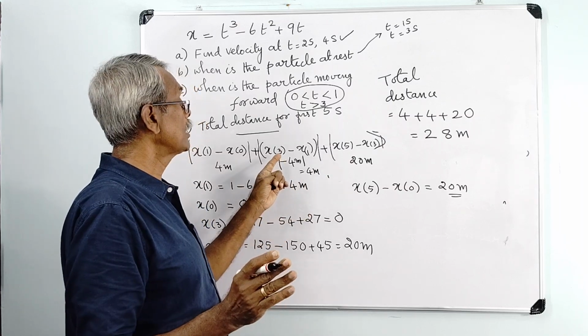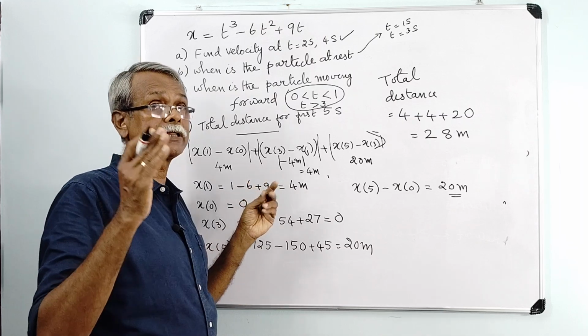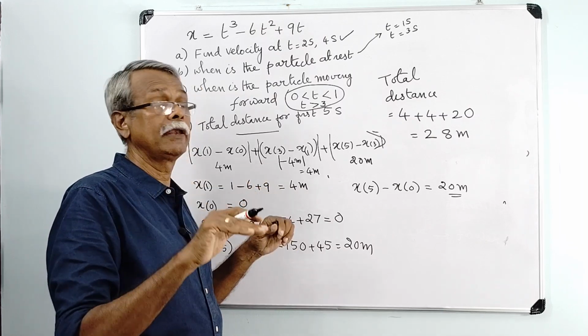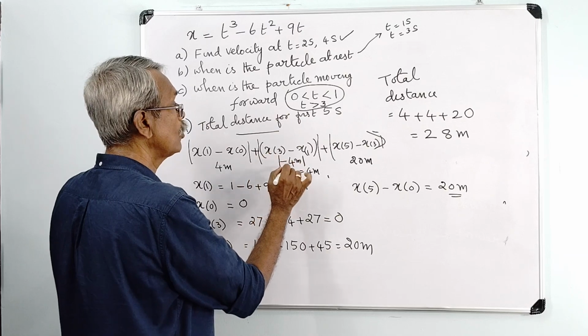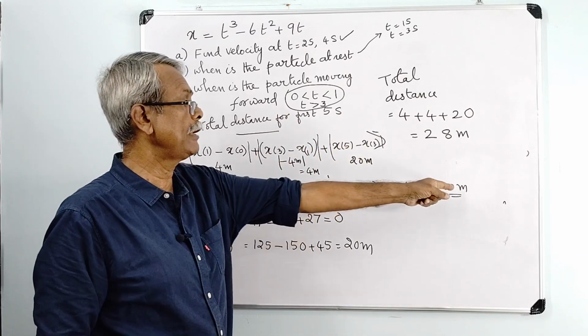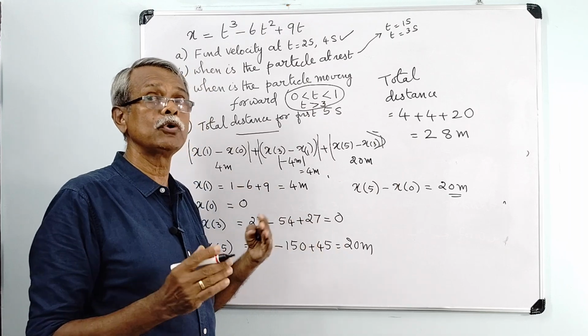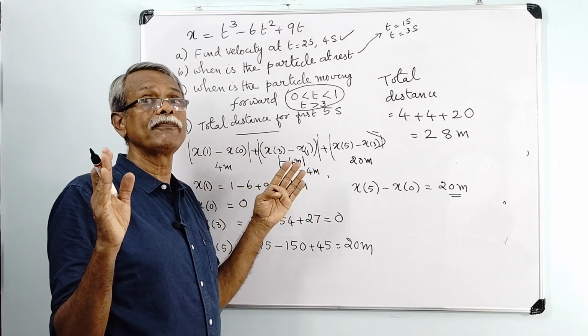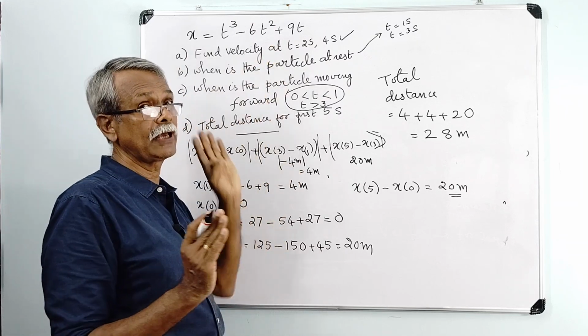But you should not take the modulus. Instead of that, you have to take the displacement with sign. Then this sum will be 4 plus minus 4 plus 20. That will again be 20 meter. But if the displacement is asked, you don't need to split into different time segments. You can simply take x5 minus x0.